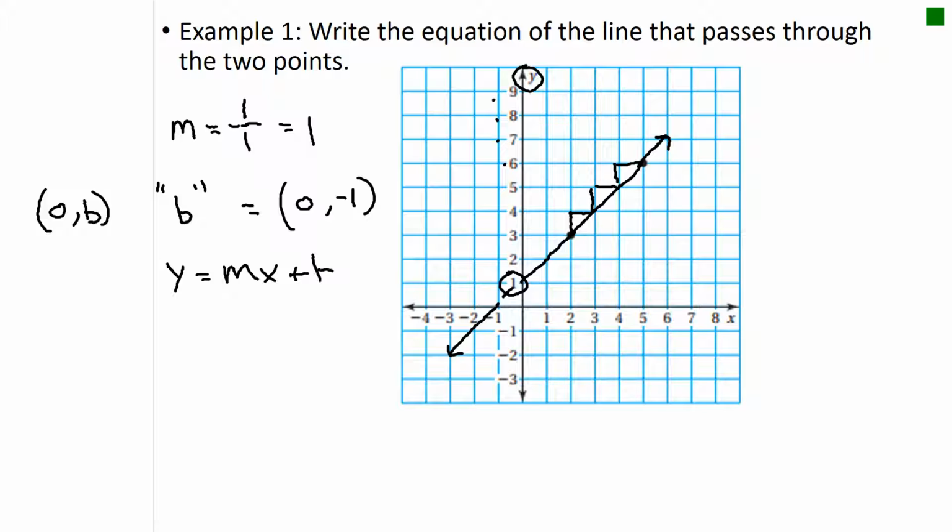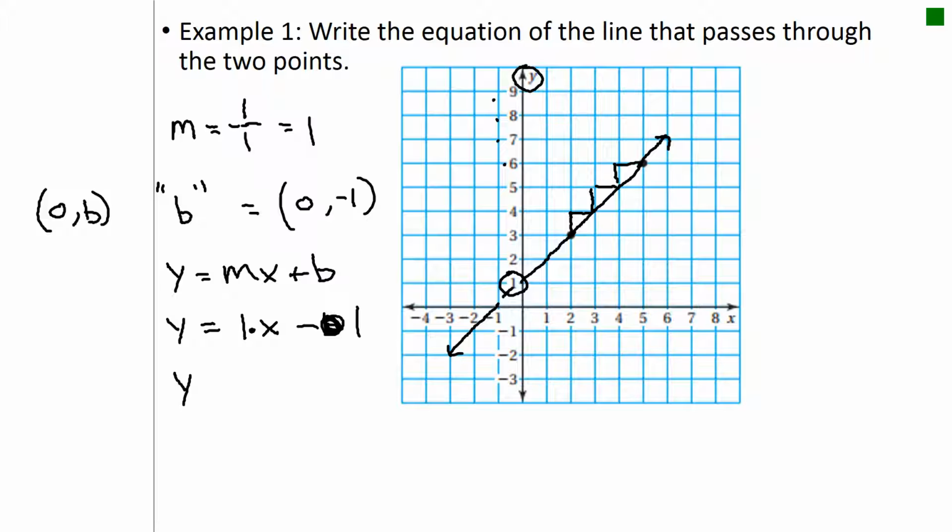We have both aspects we need to write the equation, so I'm going to review the general slope-intercept form. And now I'm going to fill in the slope. And now I'm going to fill in the intercept. Of course, when you have a 1 times x, we don't need to write that. Oops, I messed up the intercept. I put b, and I meant to put -1.